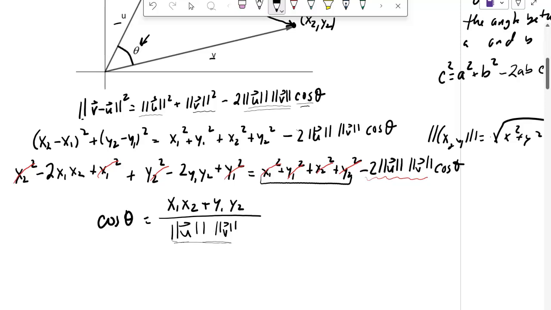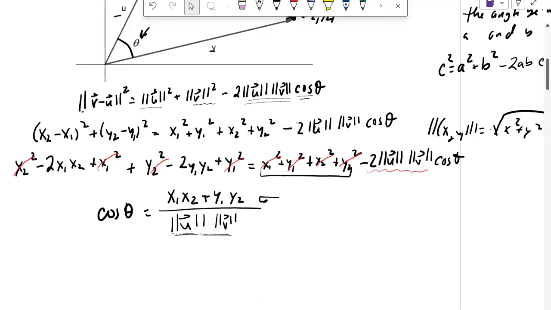Again, we know how to calculate these things because that says magnitude, right? That says length. We know that from Pythagorean theorem. Notice that we've got this nice, special thing up here, don't we? It's a special product of multiply your first components together, multiply your second components together, and add them. That's where the dot product definition comes from.